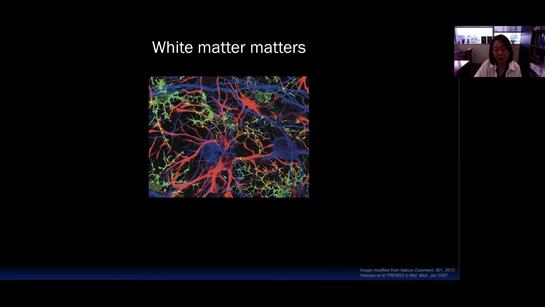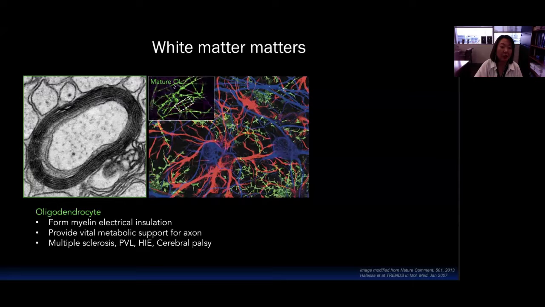If you look at the electron microscope level, you see the oligodendrocyte, the cell that produces myelin, surrounding the axon with very nice multiple layers of myelin, called myelination. Therefore, the oligodendrocyte is very important for providing metabolic support and increasing electrical stimulation.